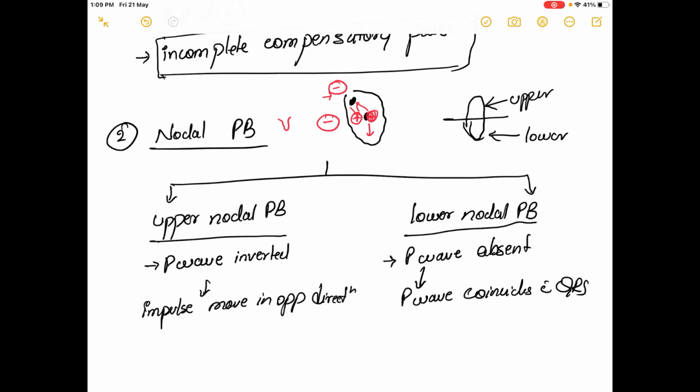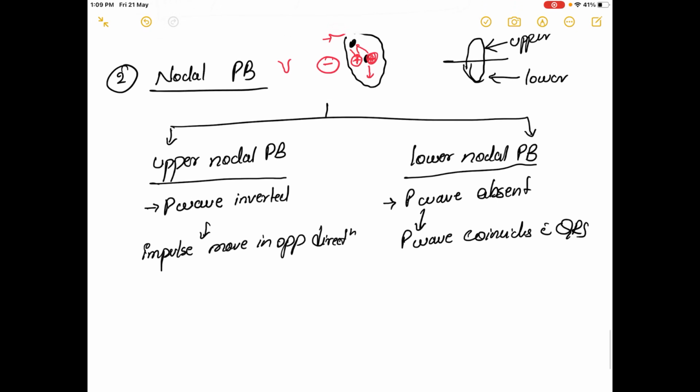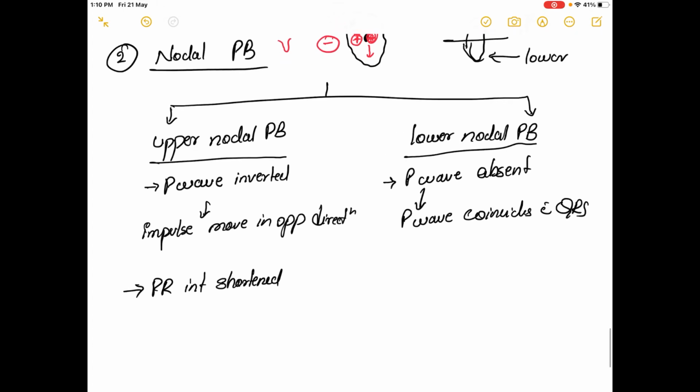After this, the other features of nodal premature beat are common to both upper and lower nodal premature beat. That is, the PR interval is shortened. As I told, the normal activity of the AV node is not picked up by the ECG, and there is a flat line on the ECG for the AV node, that is the PR interval. Since the premature beat is occurring in the node, the normal nodal conduction is disturbed, forming a short PR interval.